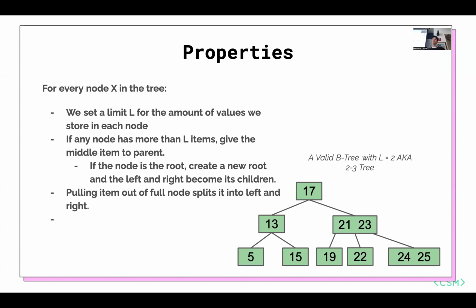This way, we're always going to have a bushy tree because we're always going to have a node with a left subtree and a right subtree instead of a very spindly long tree. So these are some properties of a B tree. And this is an example of a 2-3 tree because the limit is 2 and 2-3 represents the number of possible children each node can have.